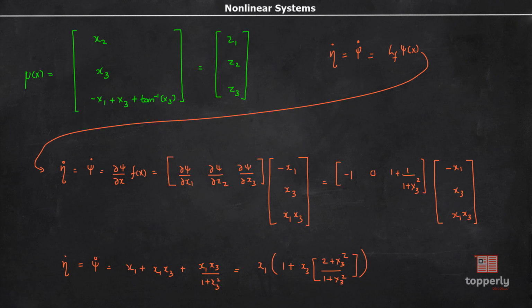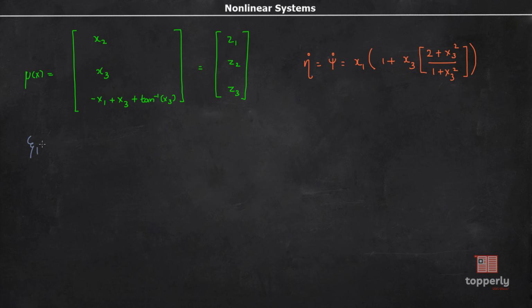Okay, so now we have theta 1 is equal to phi 1 of x, which is equal to x2, theta 2 equal to phi2 of x, which is equal to x3, and eta is equal to minus x1 plus x3 plus tan inverse x3. And using these three, we have x1 is equal to minus eta plus theta 2 plus tan inverse theta 2.